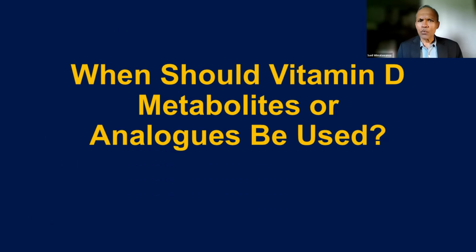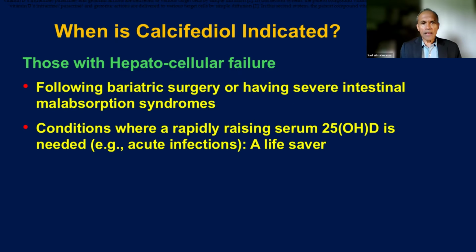So when can these vitamin D metabolites and analogs be used? Here are two examples. One is calcifediol. I specifically said that it is not indicated as a vitamin D supplement because it does not provide D3.